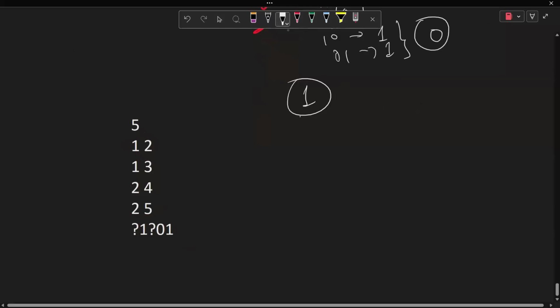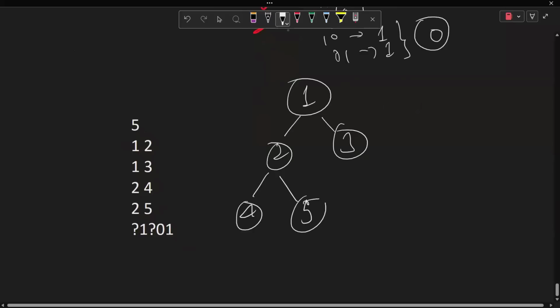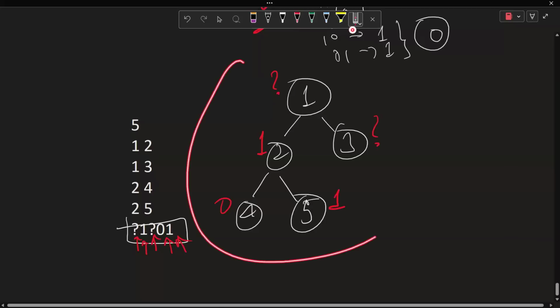So let's form the tree. 1 connected with 2, 1 connected with 3, 2 connected with 4, and 2 connected with 5. This is a tree and this string represents the initial values. So let's say for 1 it is question mark, for 2 it is 1, then again question mark for 3, for 4 it is 0, for 5 it is 1. So this is the tree that you are given as an input.